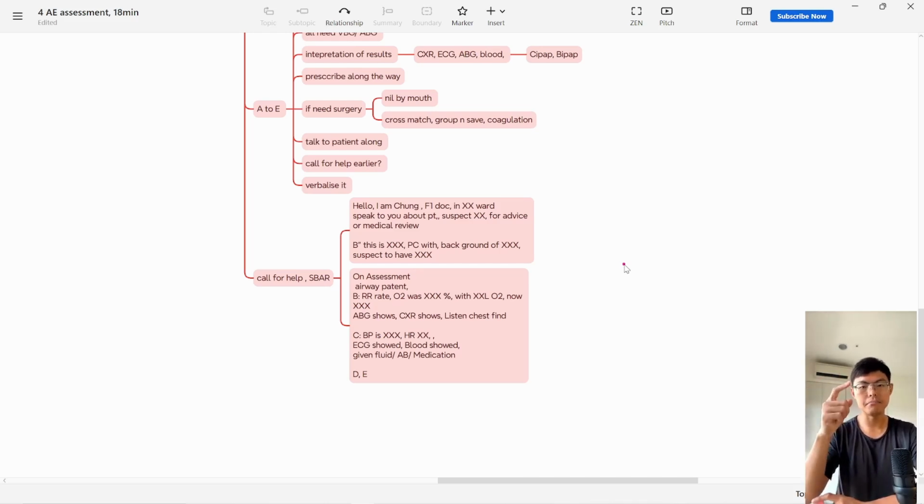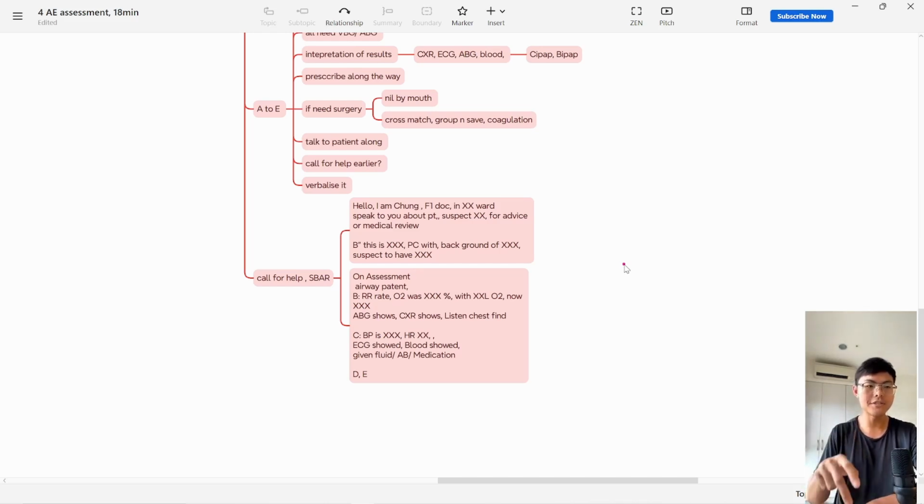If you're in medical ward, call the med reg, okay? So you call the person above you. Hello, can I speak to you now about a patient called John, 55 years old, who is suspected to have sepsis secondary to chest infection. Can I ask for some advice or ask you to come and review him?